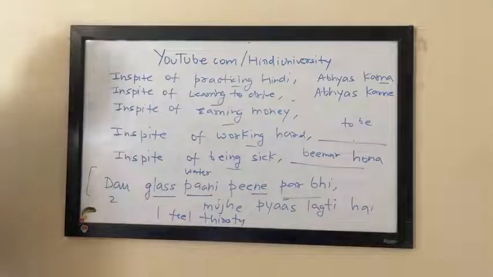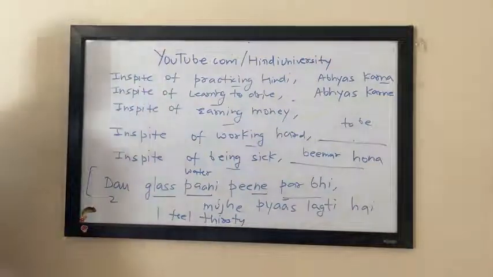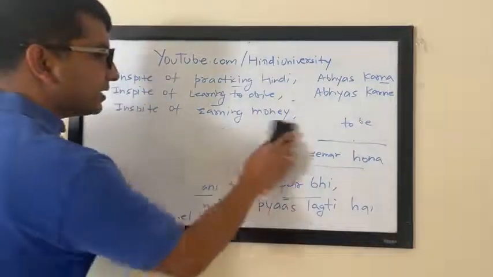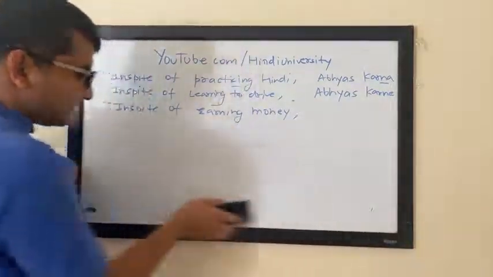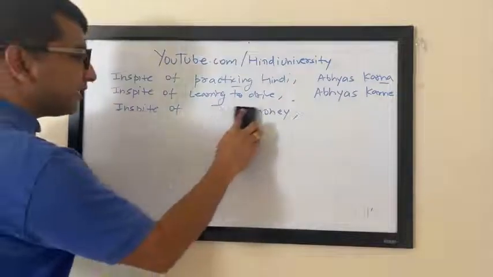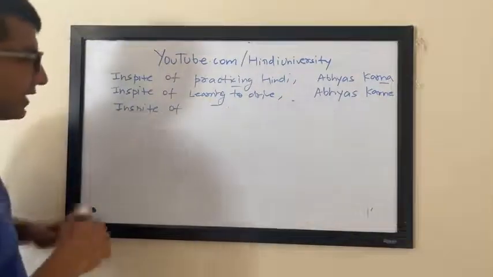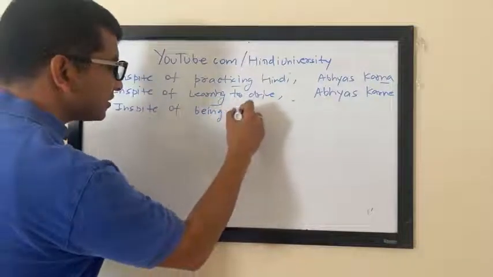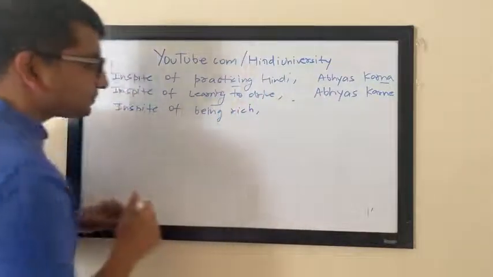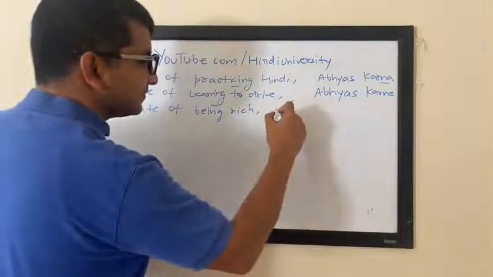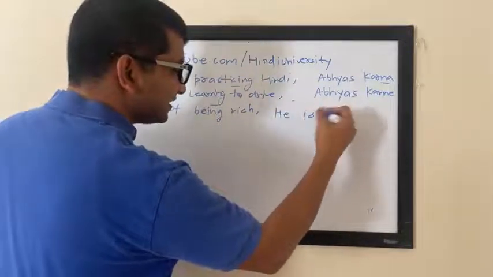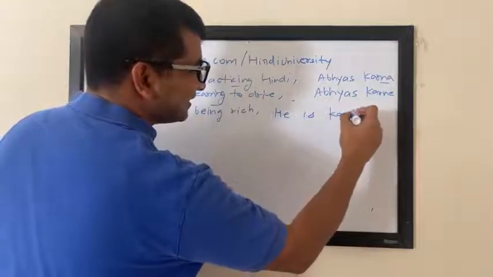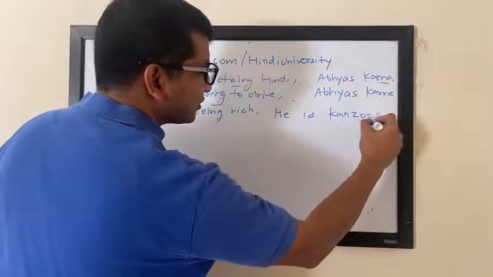Okay, Suvilai, you want to make another sentence. In spite of being rich, he is conjuice, which is a Hindi word, but conjuice is spendthrift basically.